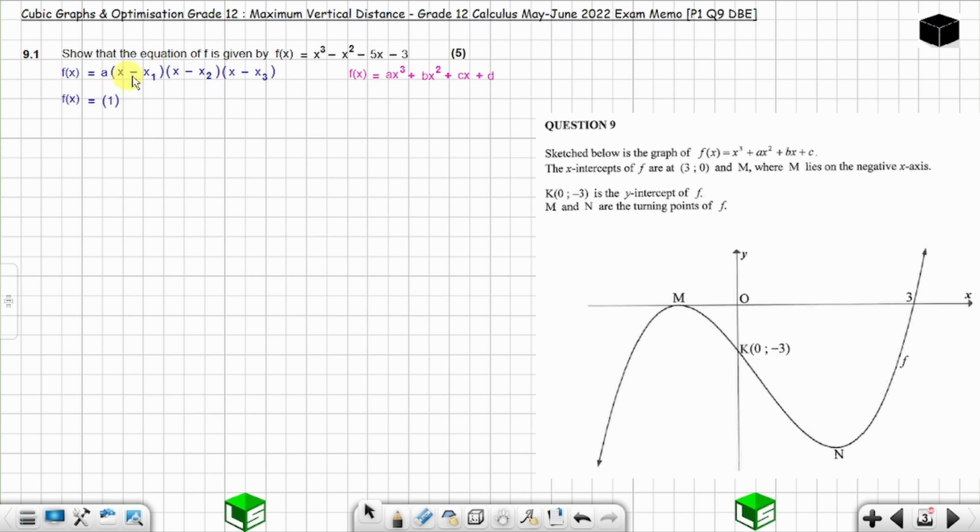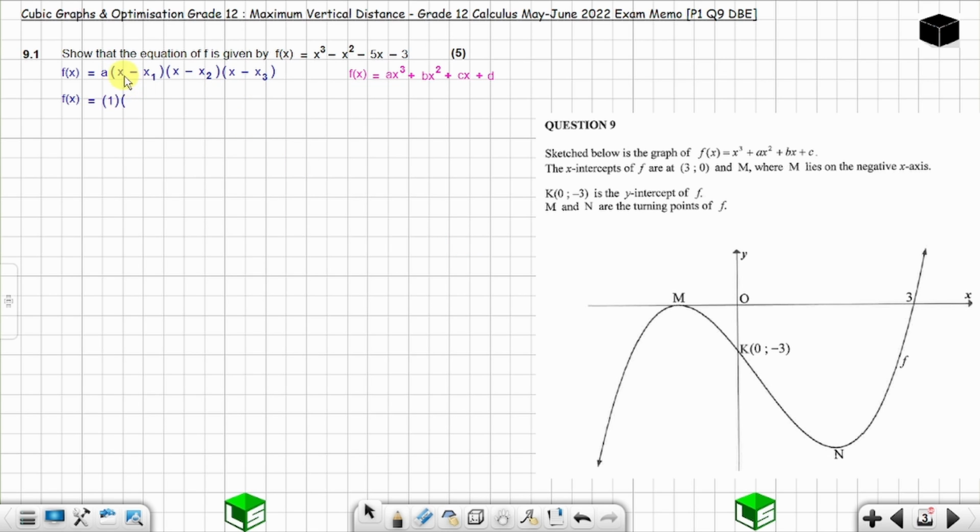Now, you need 3 x-intercepts so that you can get the x-coordinates and plug them in there. You have the x-intercept and the turning point. This tells you that you have 2 x-intercepts with the same value and another x-intercept there. So 2 and 1, you have 3 x-intercepts.